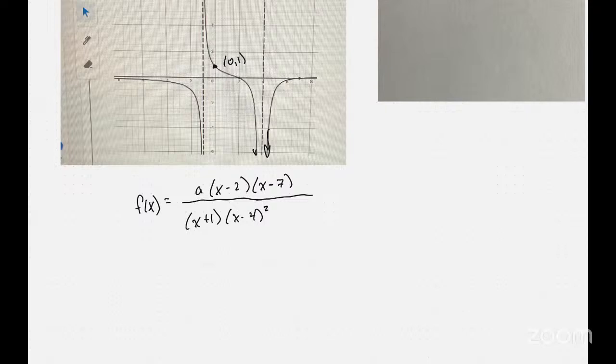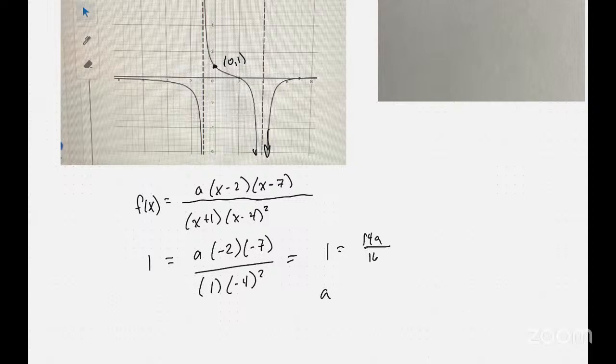You can plug in 1 here and plug in 0 for your x everywhere else, and see what a has to be. It's 14/16, or 7a. So 1 equals 14a over 16. So a would equal 16/14, or 8/7.